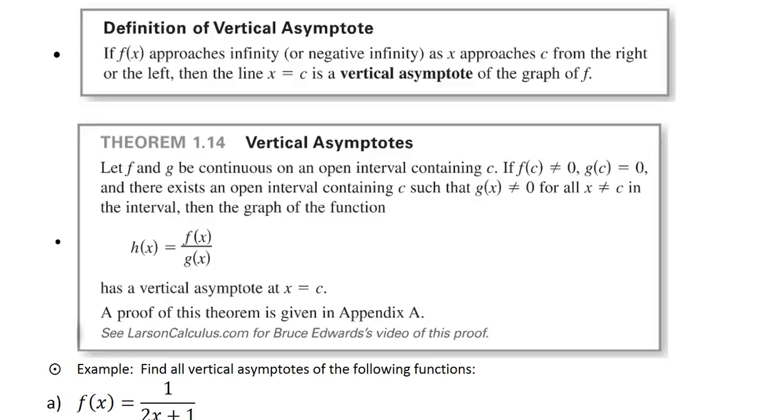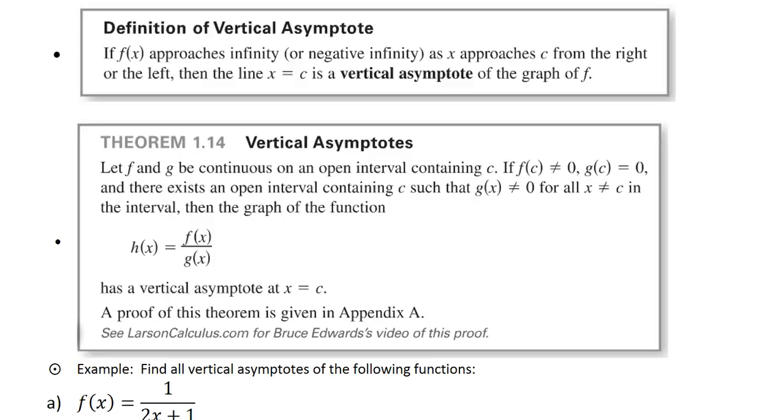So this says if we let f and g be continuous on an open interval containing c, if f of c is not equal to 0, g of c is equal to 0, and there exists an open interval containing c such that g of x is not equal to 0 for all x not equal to c in the interval, then the graph of the function h of x equals f of x over g of x has a vertical asymptote at x equals c.